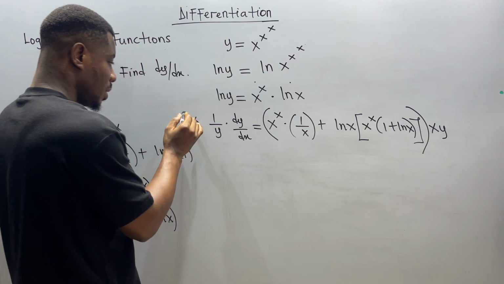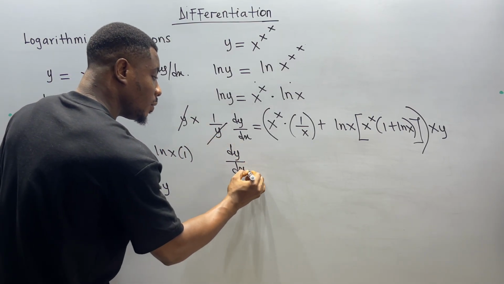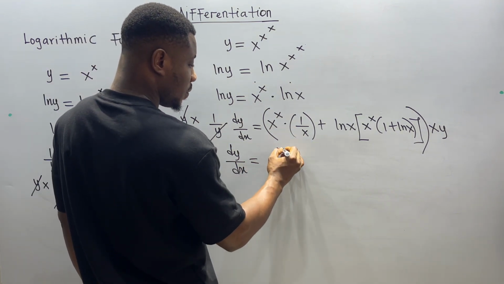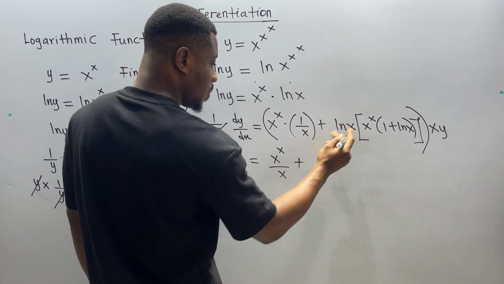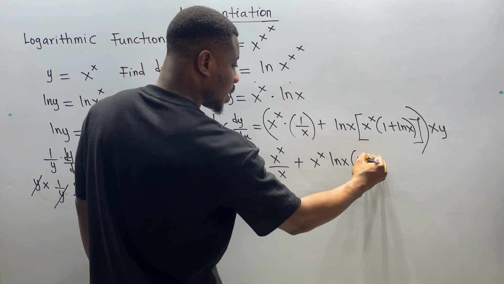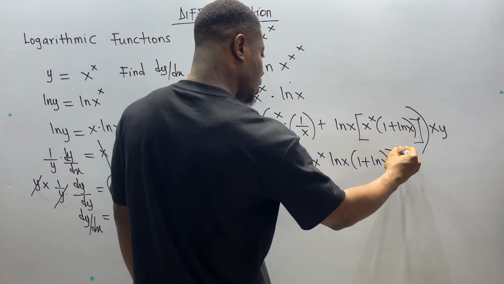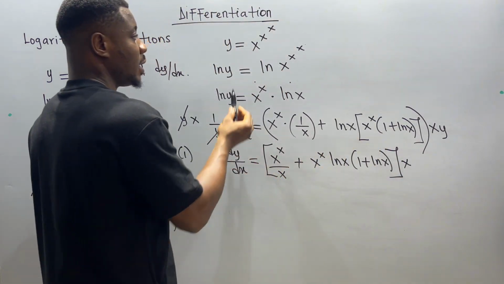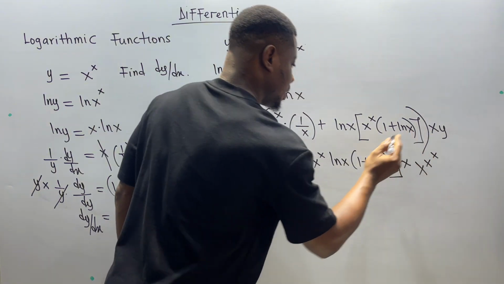So dy over dx therefore is x to the power of x over x plus x to the power of x ln x into 1 plus ln x, everything inside a bracket, multiplied by y. Remember, y is x to the power of x to the power of x.